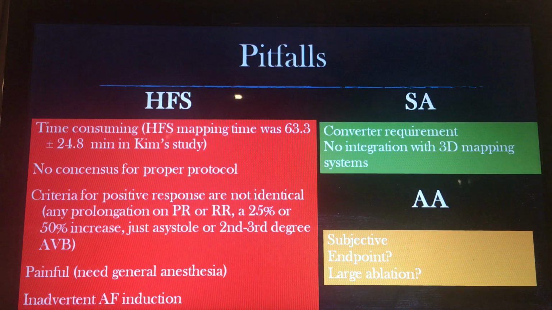In empirical anatomical ablation, you will not have any clear ablation target during the electrophysiological study. You will just perform ablation at empirically identified sites. Because of that, your ablation endpoint will not be clear in that technique, and you may perform larger ablation.